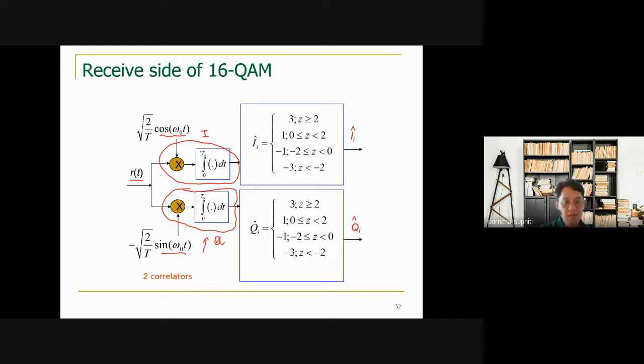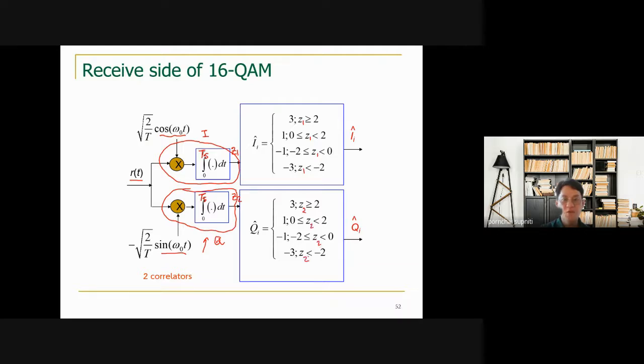Here I change slightly: instead of TB, let's change to TS, because this is a symbol time, not a bit time. The outputs we call Z1 and Z2, so that the top and bottom are different.